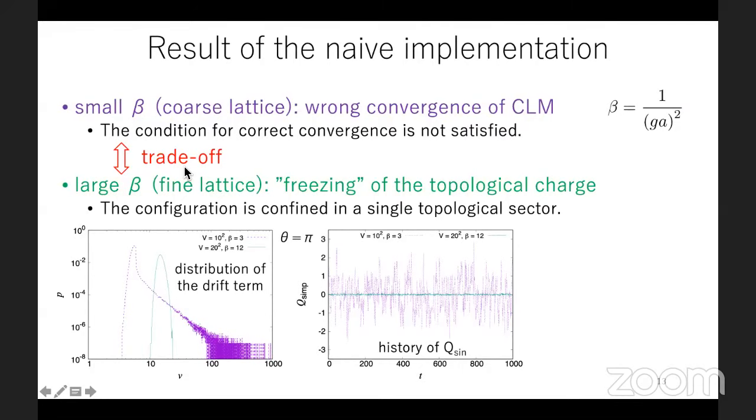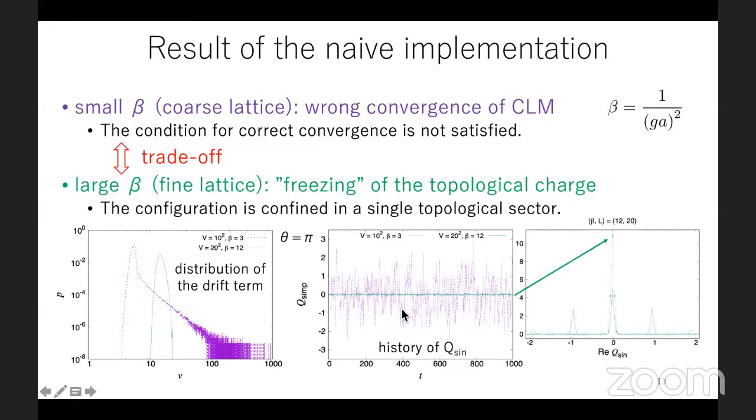So these two problems are actually a trade-off. If we choose a small beta, wrong convergence happens, but freezing doesn't occur. But if we choose a large beta, wrong convergence does not occur, but freezing of topological charge occurs. How do we judge whether freezing occurs?